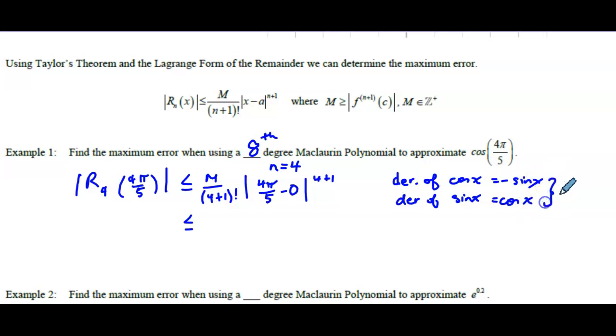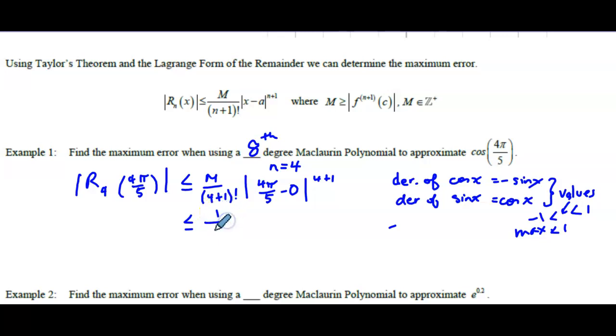So all of these have values between 1 and negative 1. So that means our maximum value that we would ever get, no matter what degree, would be less than 1. So that's what we're going to use for our m value.